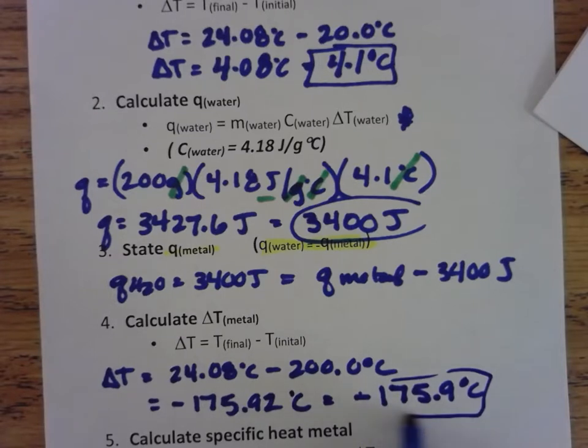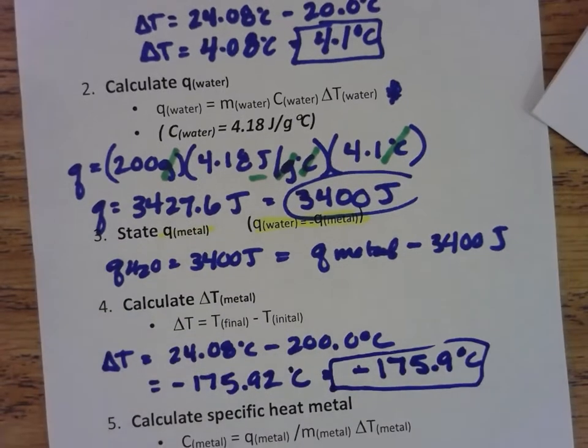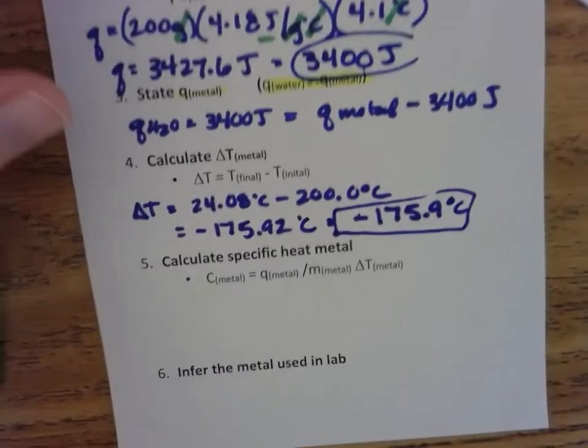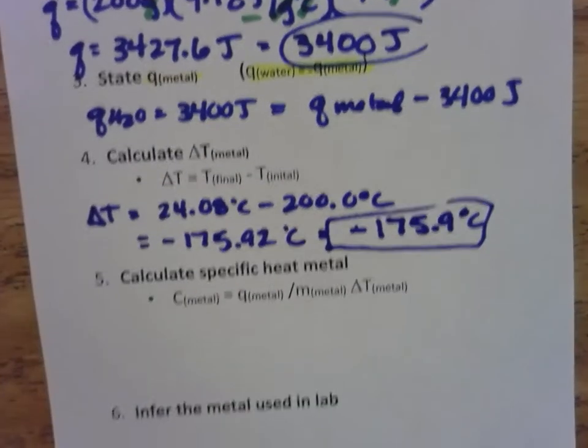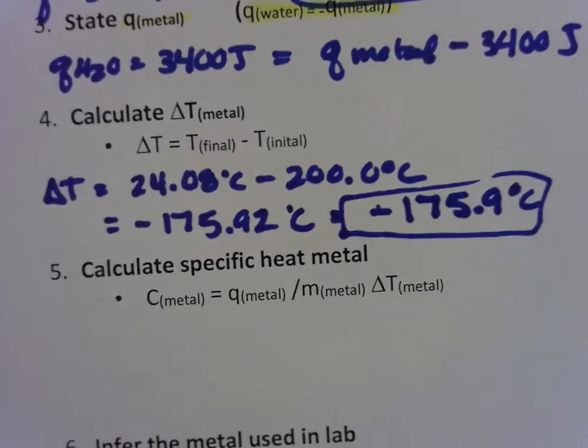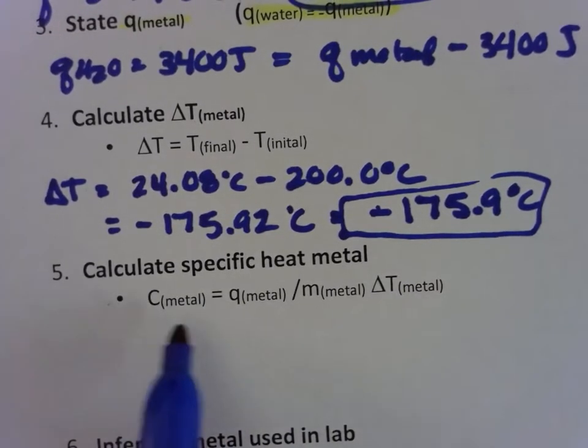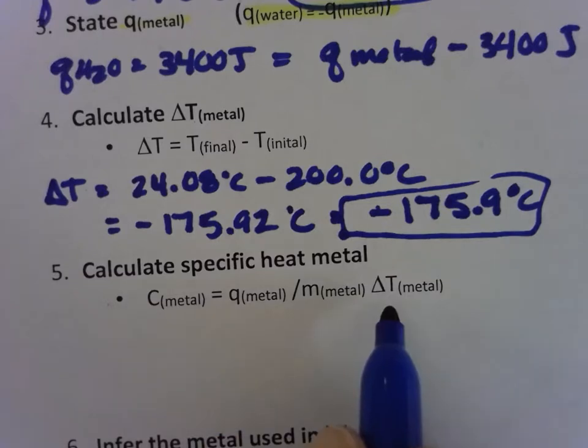It is a negative. And the last step, we're going to calculate the specific heat. It's just a rearrangement of the other formula. So we need all metal data here.